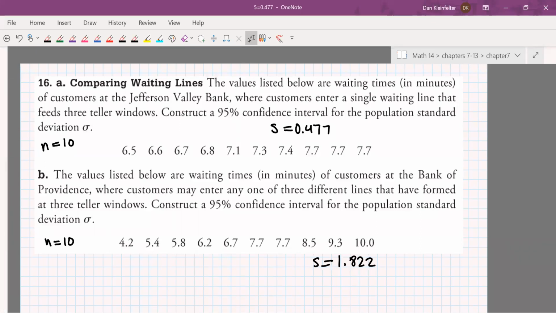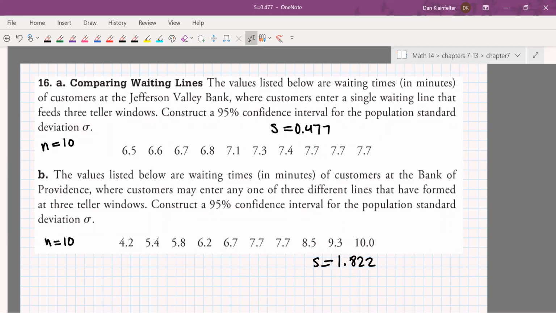Here the values are the waiting times for 2 different banks. In Jefferson Valley Bank, the customers enter a single waiting line where when people go to the head of the line, they then are helped by the first available teller. In the second part, we're looking at Bank of Providence, where people enter individual lines for each individual teller.